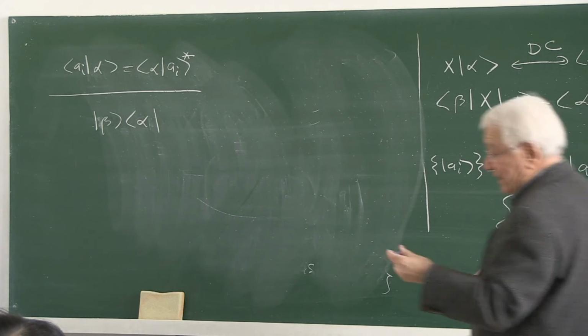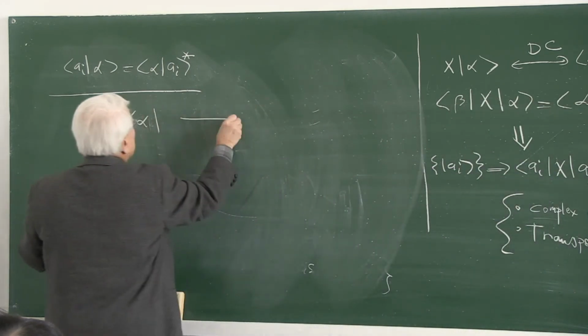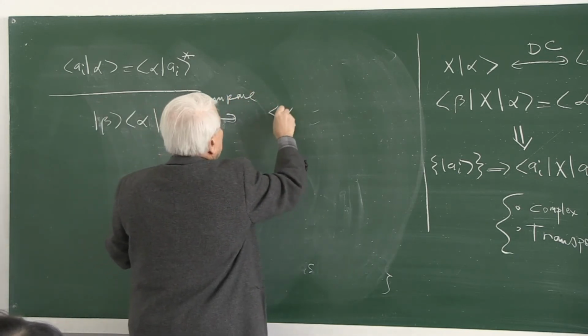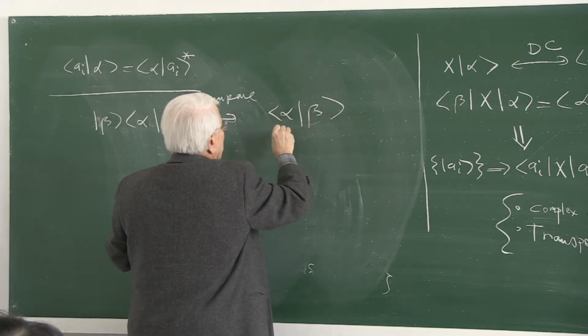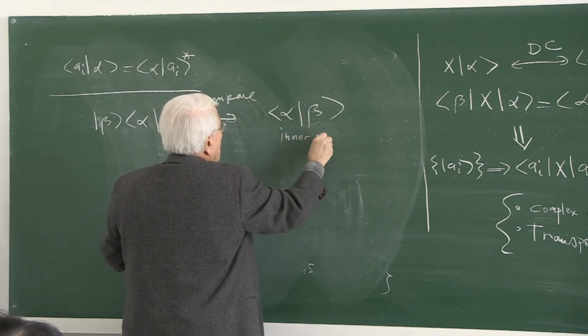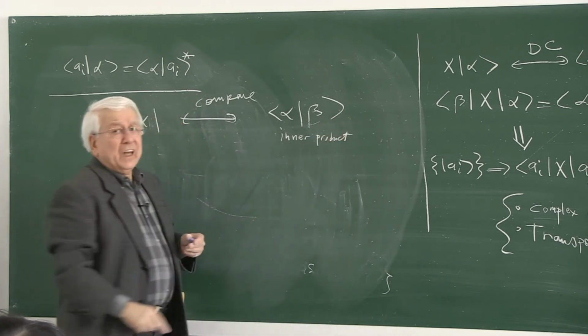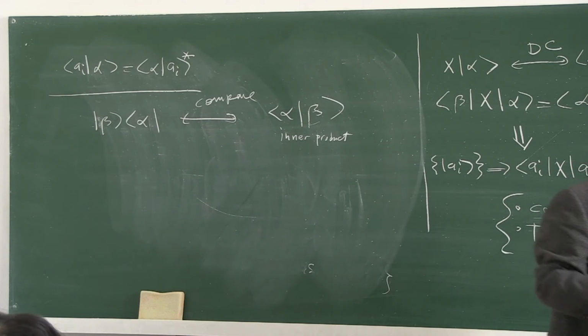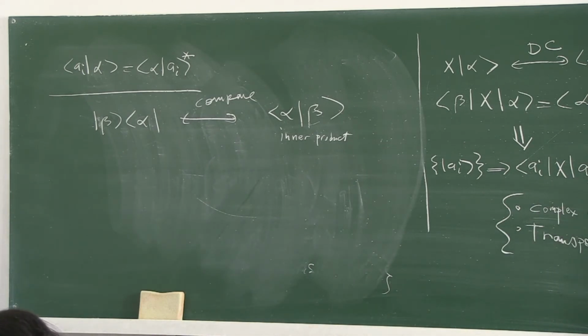Let me compare this against that. This was the inner product of two kets. You get the one ket and the other one in the dual space, and that's how you come up with a complex number. That's the definition of the inner product.